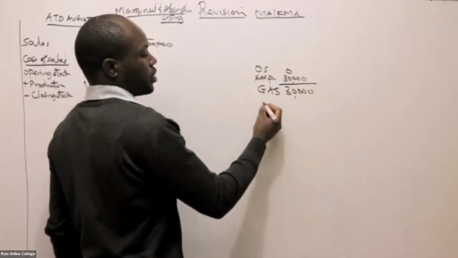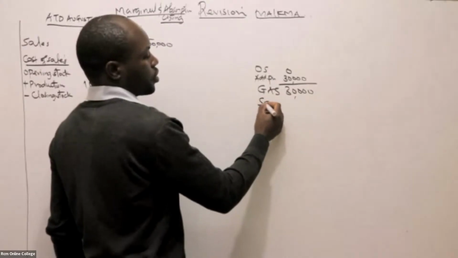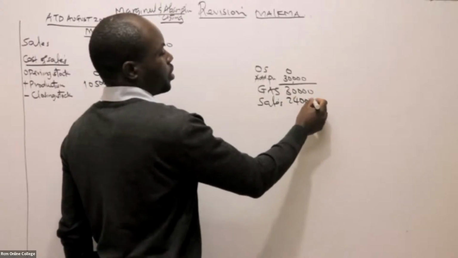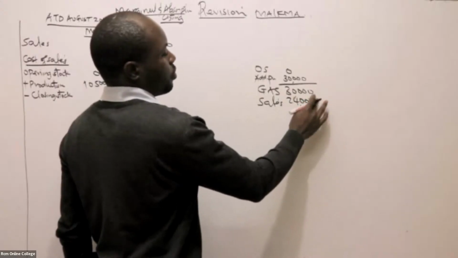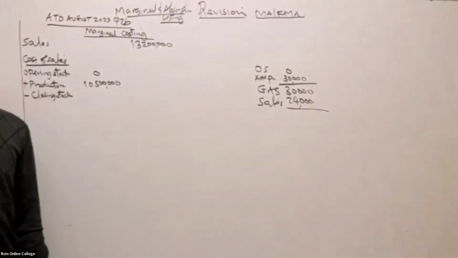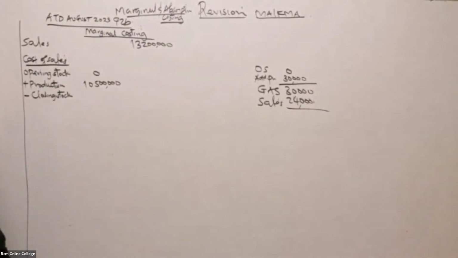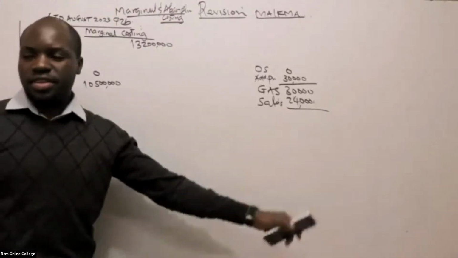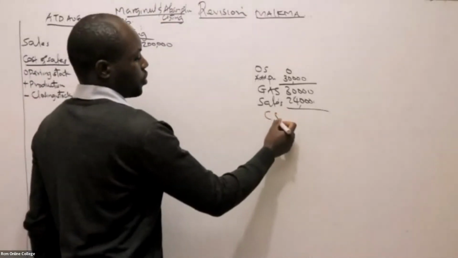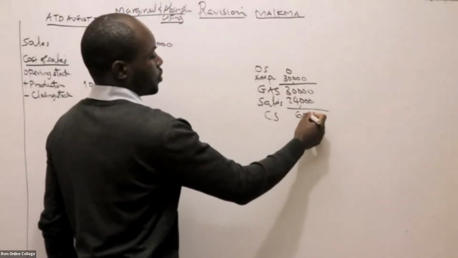Only to find out that goods that were sold is equal to 24,000. Where did the remaining 6,000 go? You have 30,000 units to sell, but you only managed to sell 24,000. So whatever is remaining will be your closing stock, right? So our closing stock is equal to 6,000.